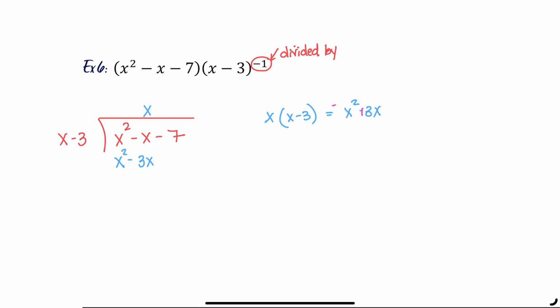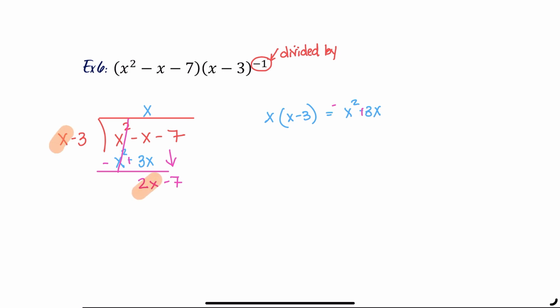So that will become a negative x squared, a positive 3x, and then I will do my subtraction. The x squareds will cancel. I will have a 2x and a minus 7, and then I start over.